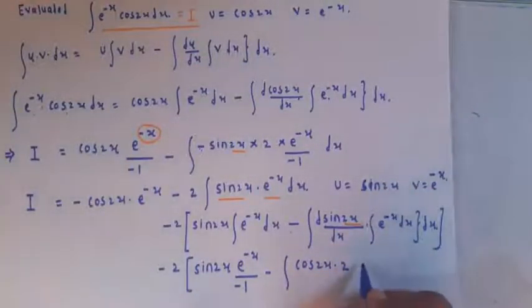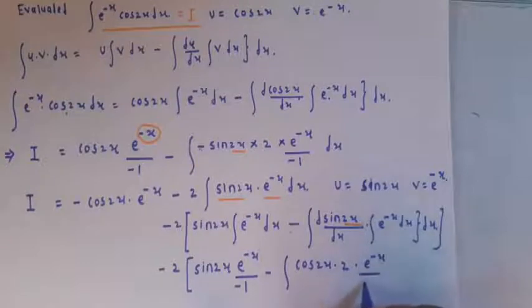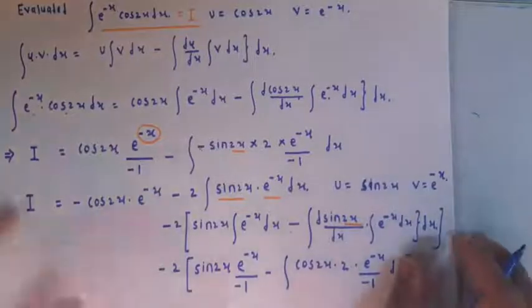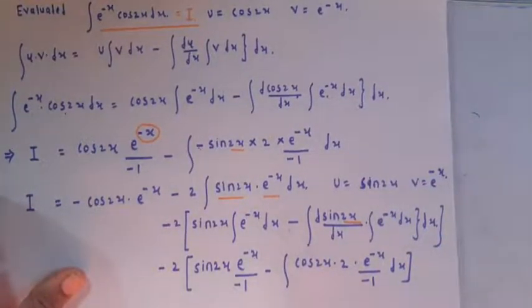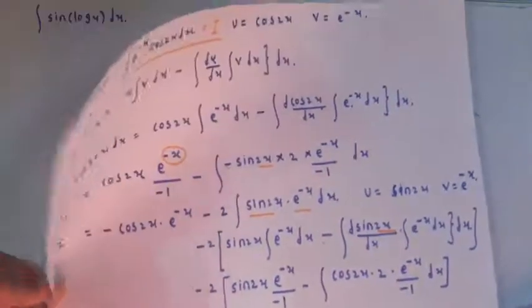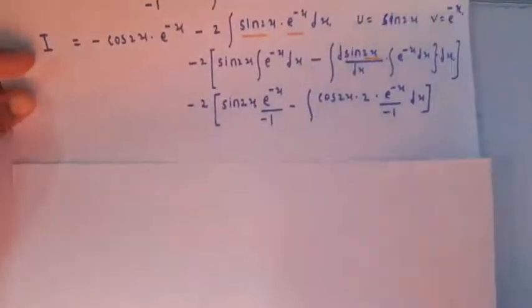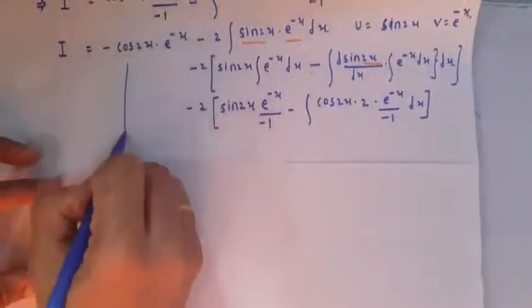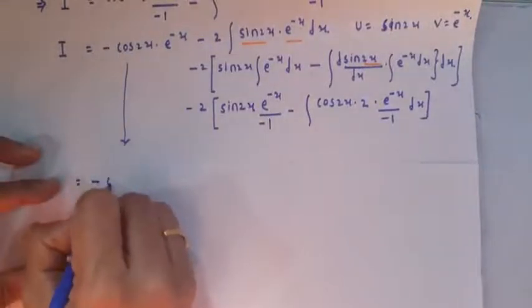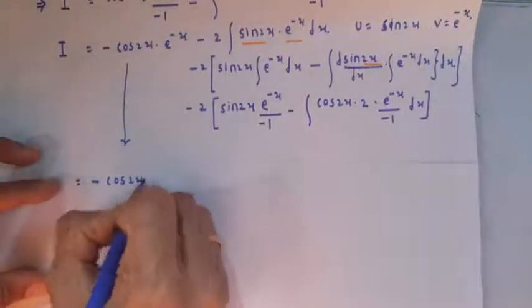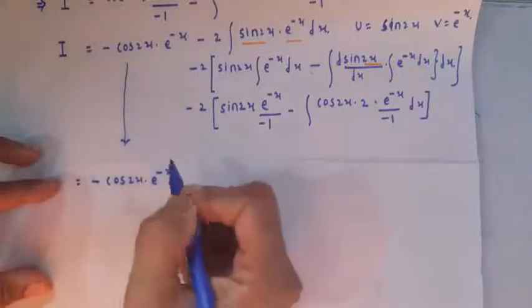Now integration of e raised to minus x is e raised to minus x upon minus 1 with respect to x. In this way we have solved the steps. Now let us solve, the first term we can write as it is: minus cos of 2x into e raised to minus x.